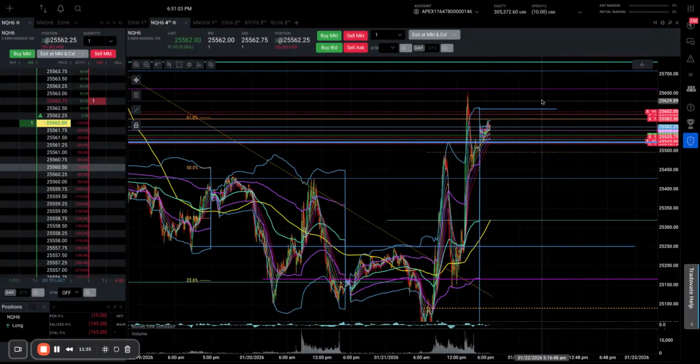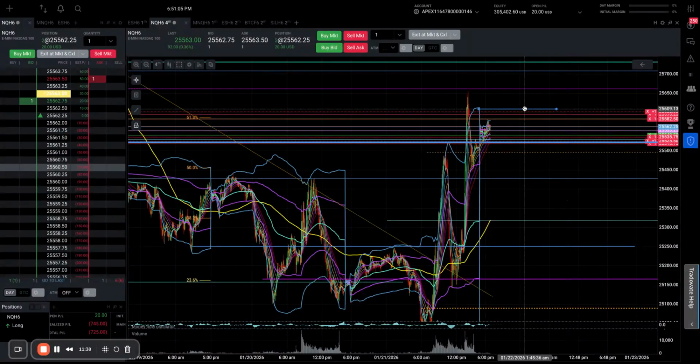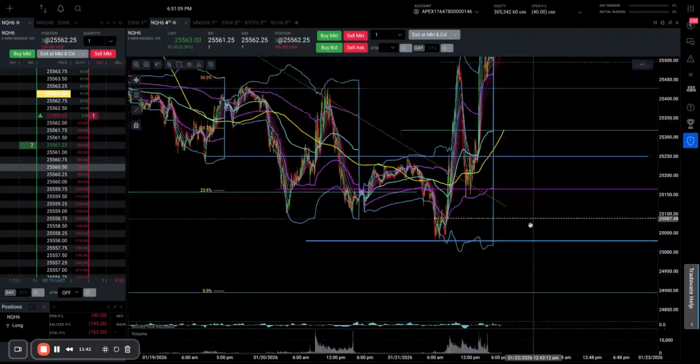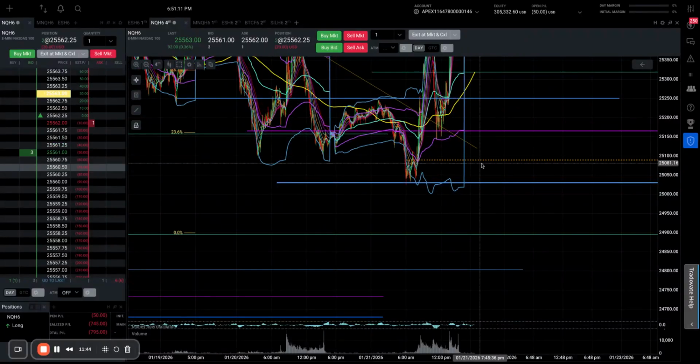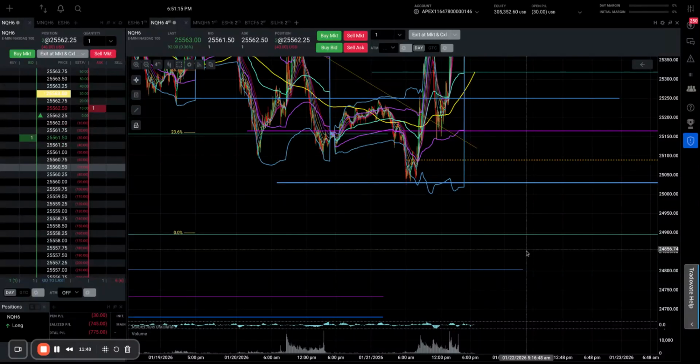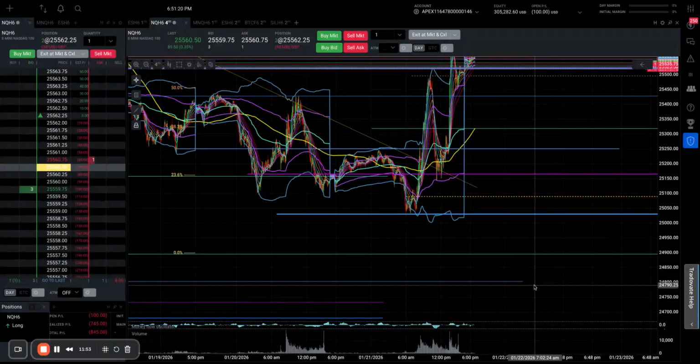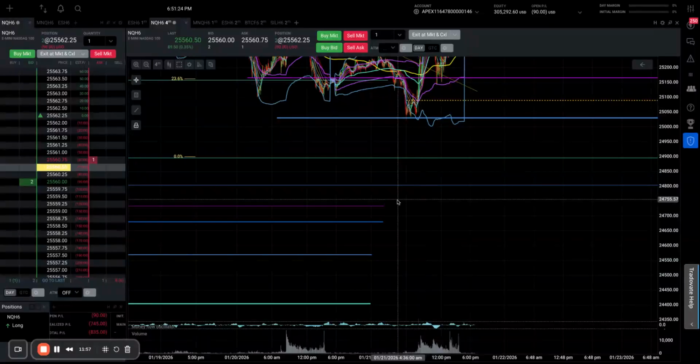But if we hold above here, like I said, 25,609, I'll be looking for longs. And if we can't hold this area either, 25,088, I'll be looking for sells all the way down into these zones. So that is the game plan for tomorrow.